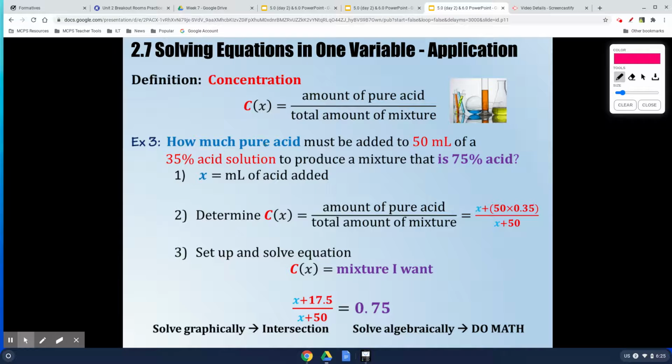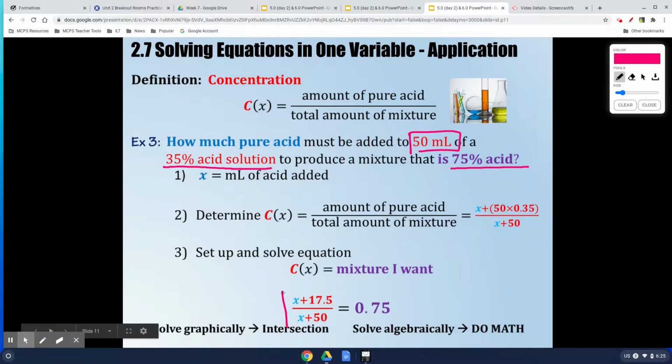How much pure acid must be added to 50 milliliters of 35% acid solution to produce a mixture that is 75% acid? So x, we're defining it as the milliliters of acid added. And our goal is to determine the amount of pure acid over the total amount of mixture. So we want to set up an equation where C of x is the amount of mixture you want, right? And then we're going to solve this algebraically.